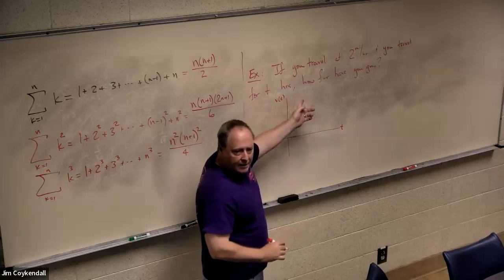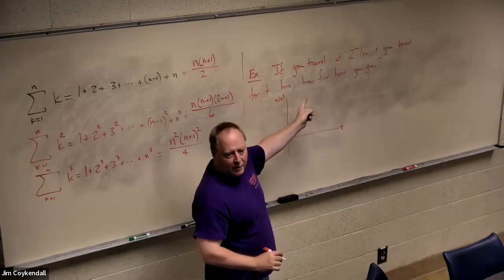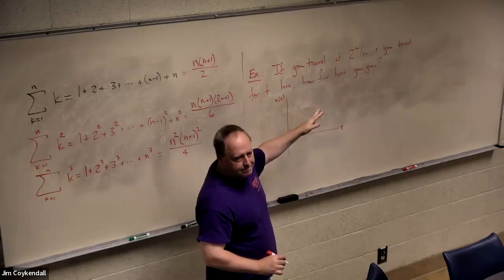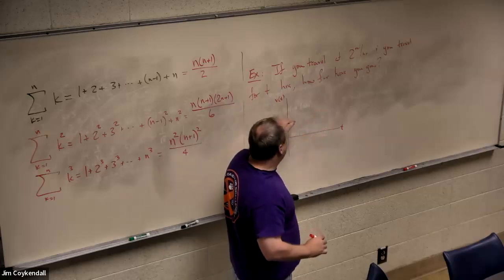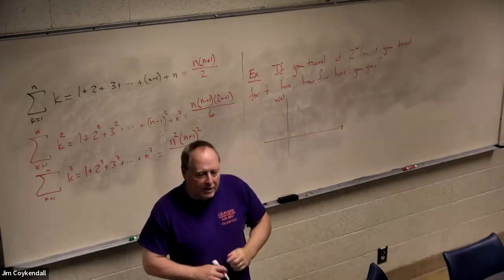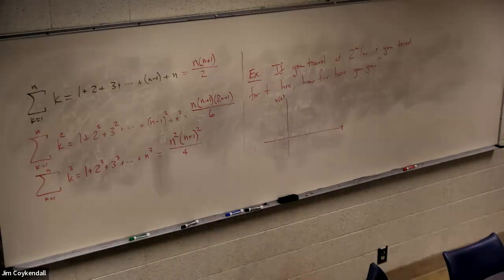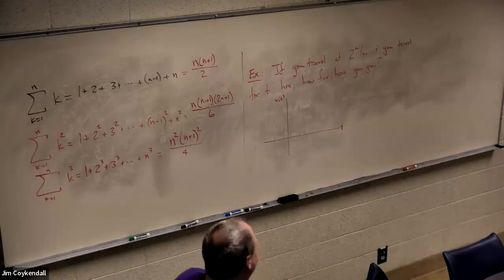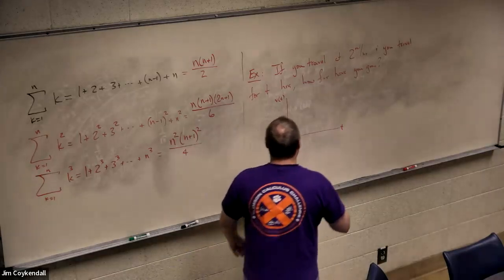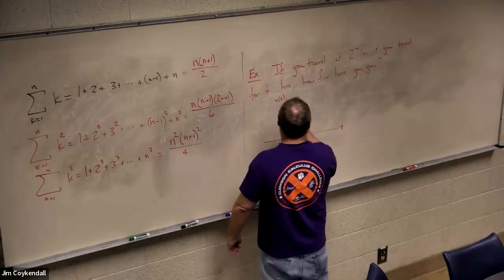What's my velocity? Always 2 miles an hour, never changes, right? So if I were to draw a graph of my velocity function, what would it look like? My v of t is always 2. So it would in fact be a horizontal line. Exactly.